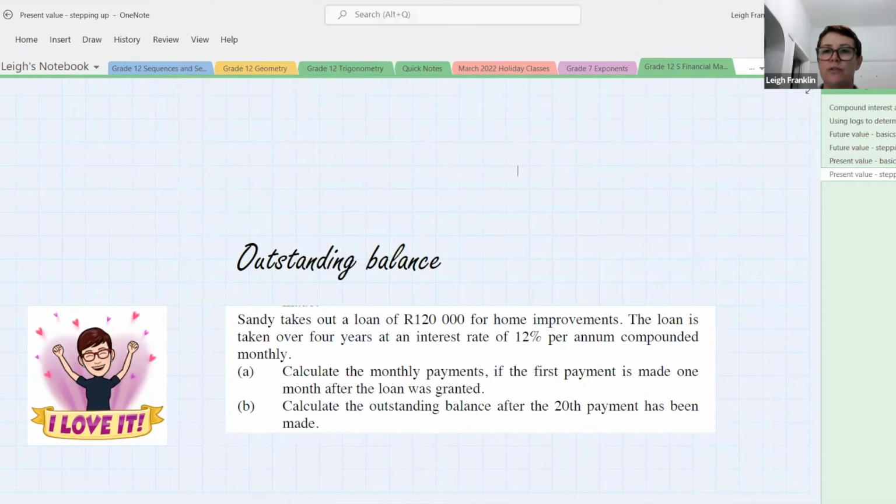If I was to ask you what an outstanding balance is, how would we explain that in simple English? What does it mean when we're calculating an outstanding balance? Can anybody tell me what you think that means?